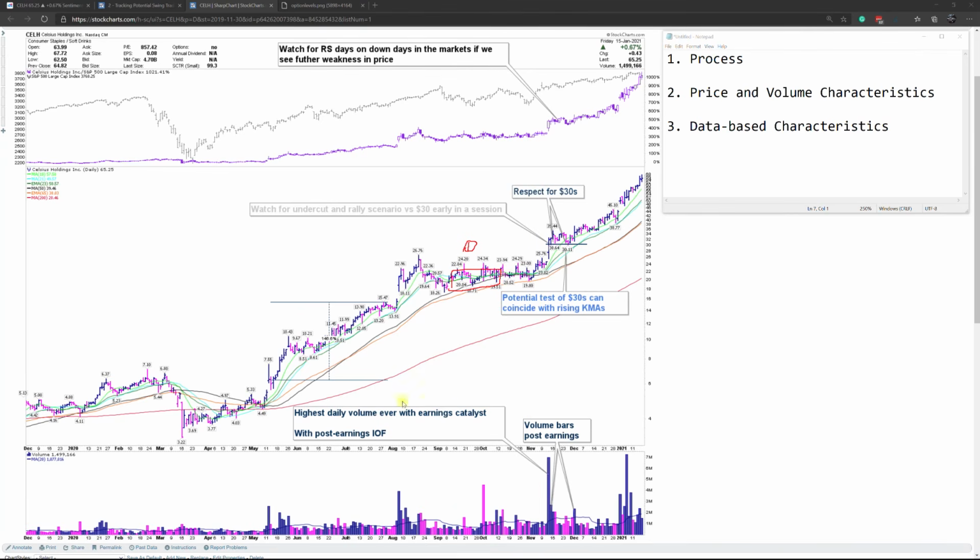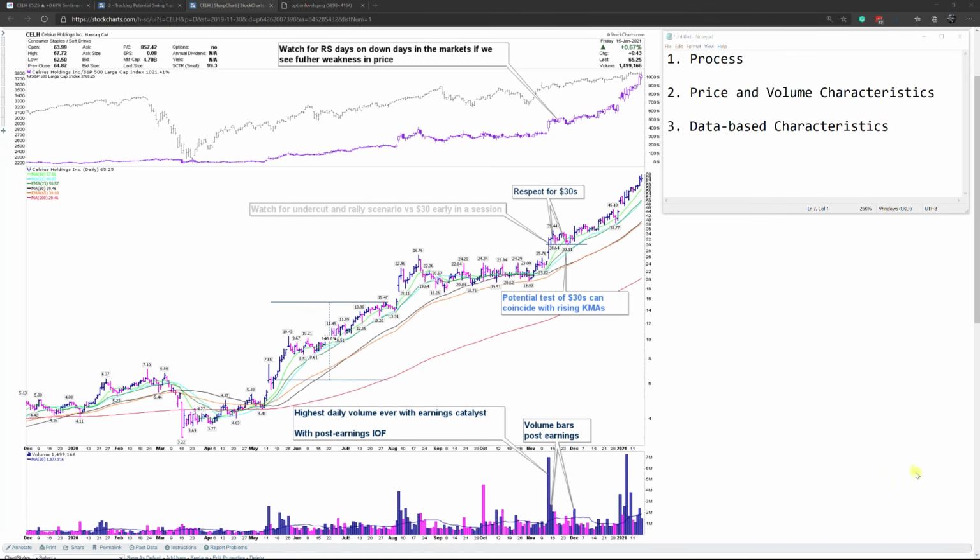The second piece of evidence that we have is it's the highest daily volume ever with an earnings catalyst. So this is a key institutional footprint on the charts that I think all of us should be looking for. At this point, CELH would stay on the earnings gappers watch list, and this is where I wanted a position in the name because there were RS days in this zone, and the other reason being that the name saw institutional options flow activity from our money flow data.